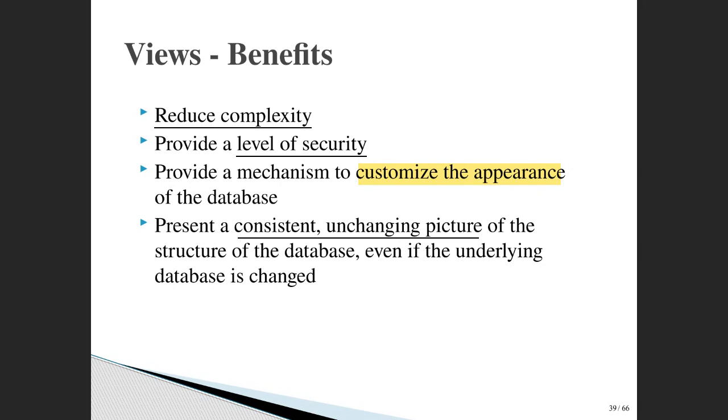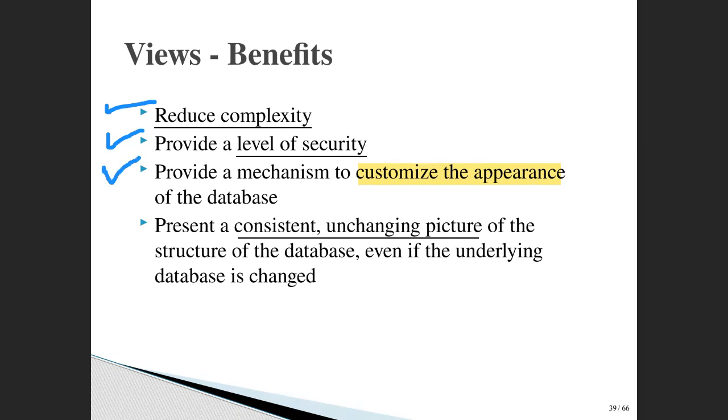and a consistent and unchanging picture of the structure of the database. Even if the database is, for example, changed, you are not aware of whatever changed or updated inside the system. It will be just the views, just the interface which the users interact with. So these are 4 benefits of having different views in the database system.